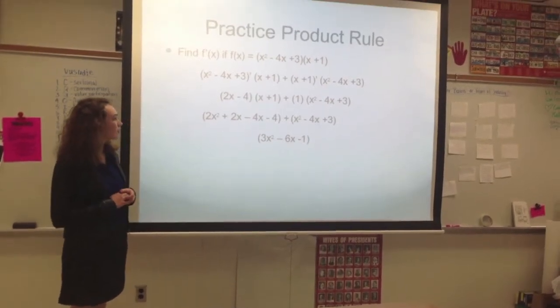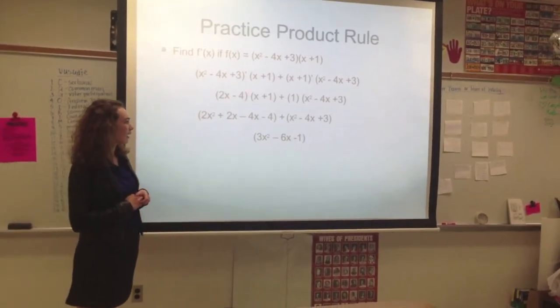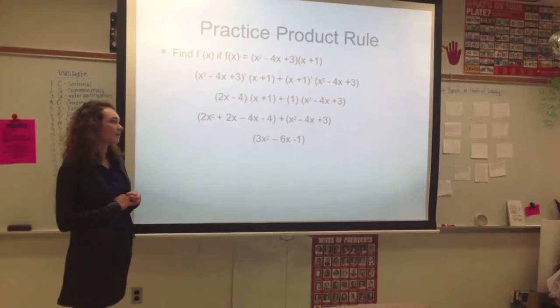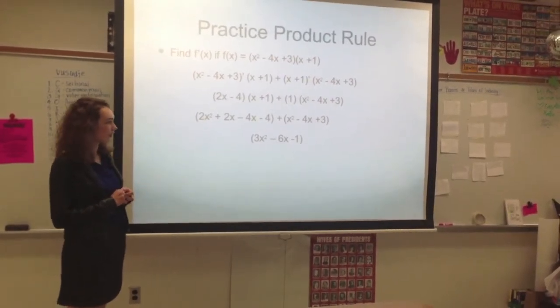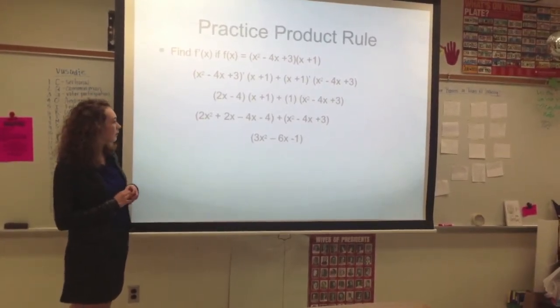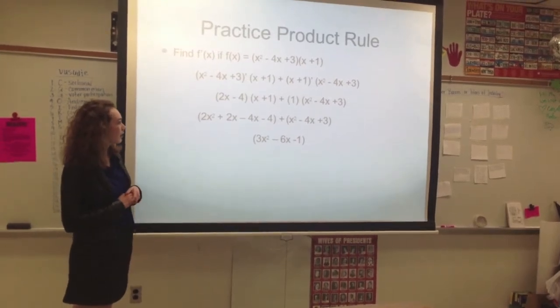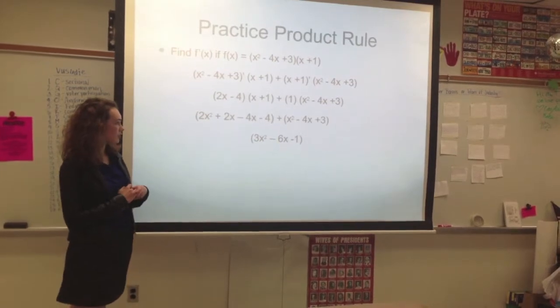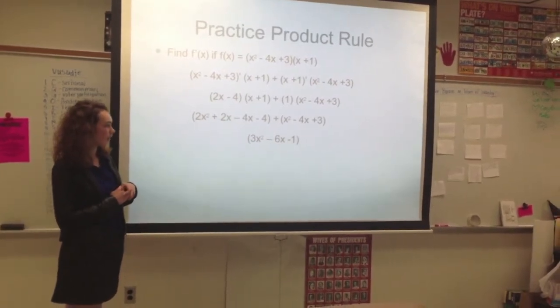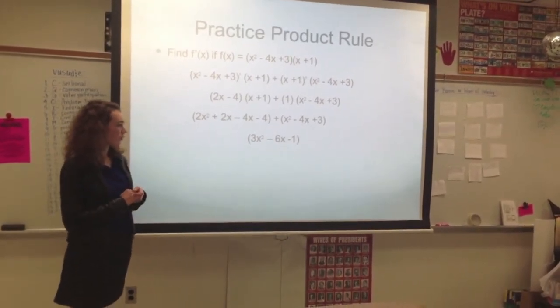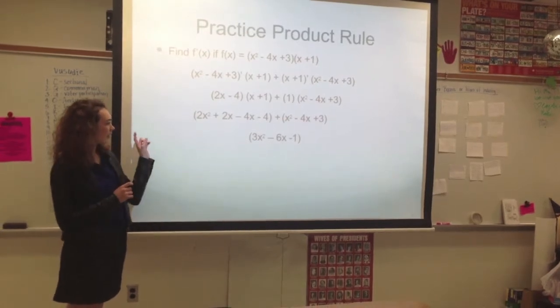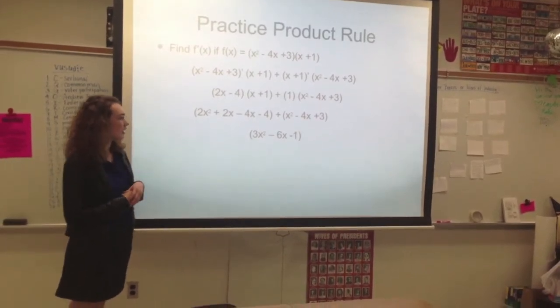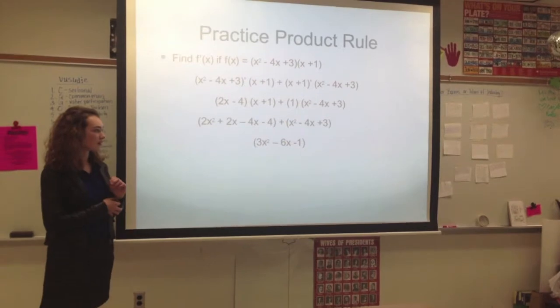So it's going to equal 2x minus 4 times x plus 1 plus x squared minus 4x plus 3, which is going to equal, if you expand the 2x minus 4 times x plus 1, 2x squared plus 2x minus 4x minus 4 plus x squared minus 4x plus 3. Then you're going to add up all your like terms, and then you should get 3x squared minus 6x minus 1.